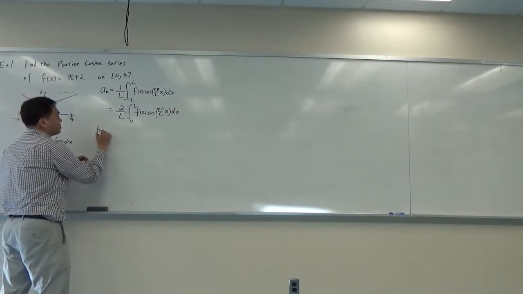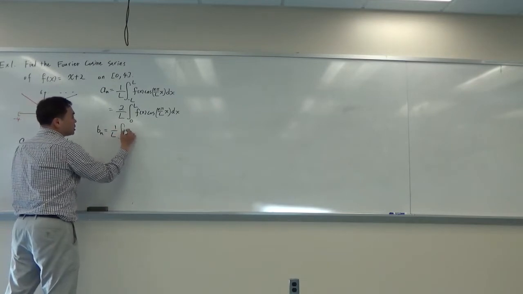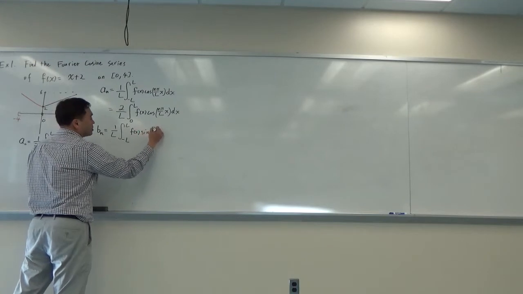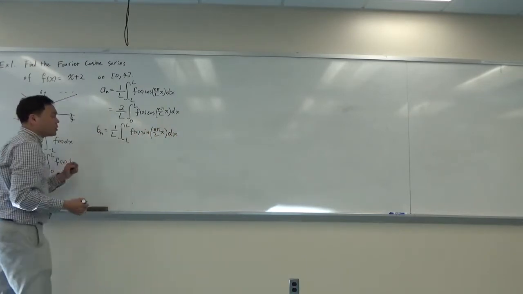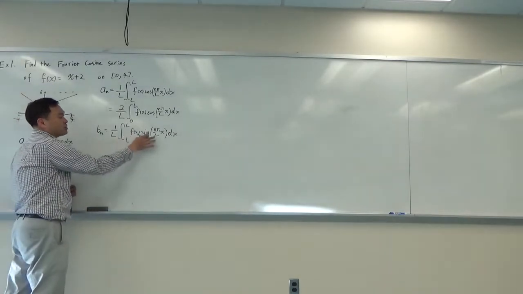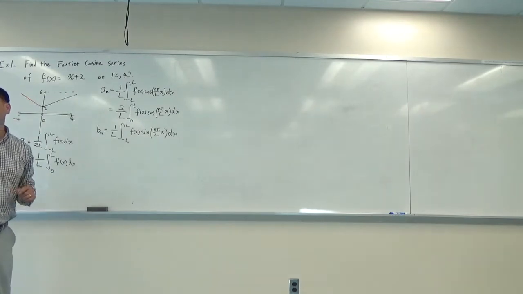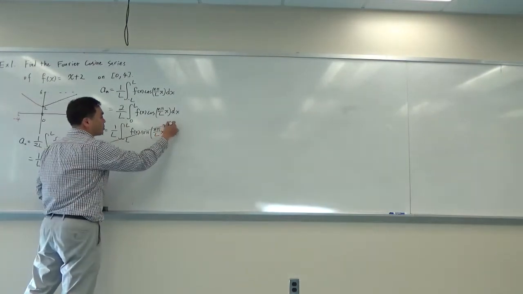And then finally for bn, 1 over L, -L to L of f of x, sine of n pi over L x dx. And because f of x is even and sine is odd, if you multiply odd times even, what do you get? Odd. So if you integrate, what do you get? 0. So that's a 0.